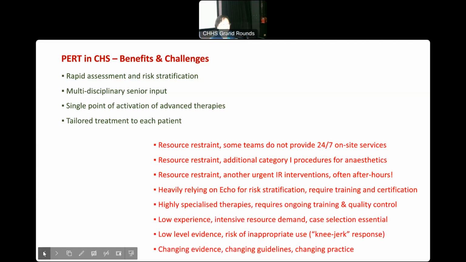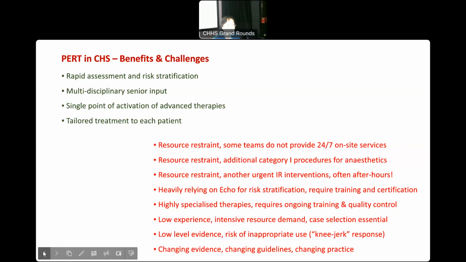Lots of challenges. Resource constraint, some teams do not provide 24/7 on-site services. Additional category 1 procedure for anesthetics. I'm sure they agree, but actually, sometimes it may not have to be a category 1. We can discuss that. Then resource constraint, another urgent IR intervention, often after hours. We're really stretched on our resources already. Heavy reliance on echo for risk stratification requires training and certifications.